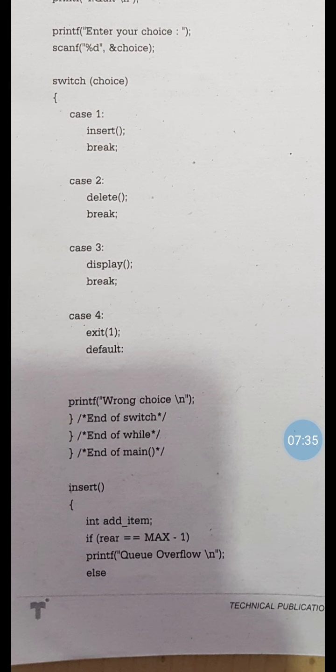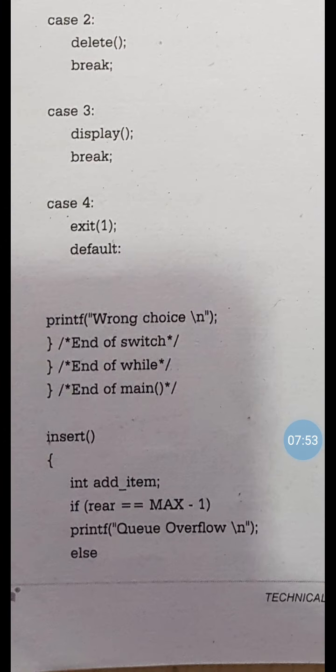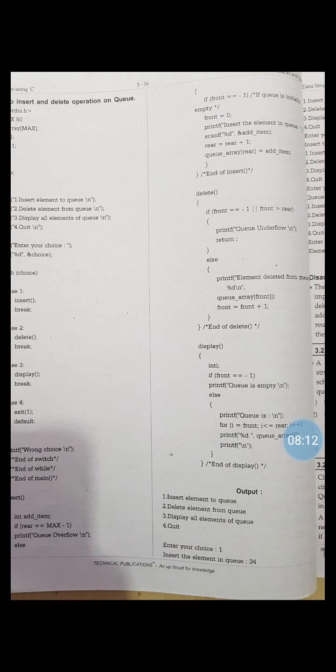Your queue is full, and if the queue is full, it simply means there is no space to add data. If there is no place and you add more elements, obviously the queue will overflow. Else, if we don't have the queue full condition, meaning we have at least one space or many, then we can add an element.